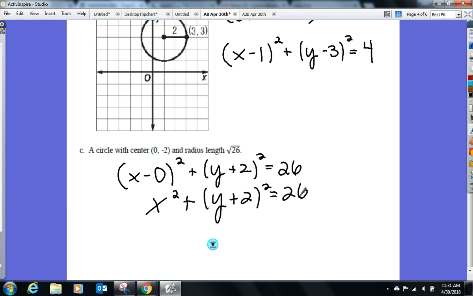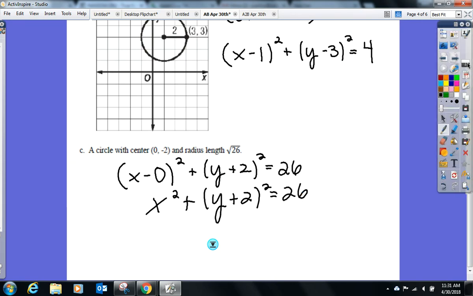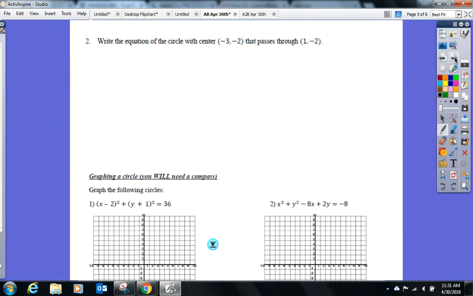What if I don't give you the center or the radius? A little different. I gave you the center and a point the circle goes through, but I did not give you the radius.